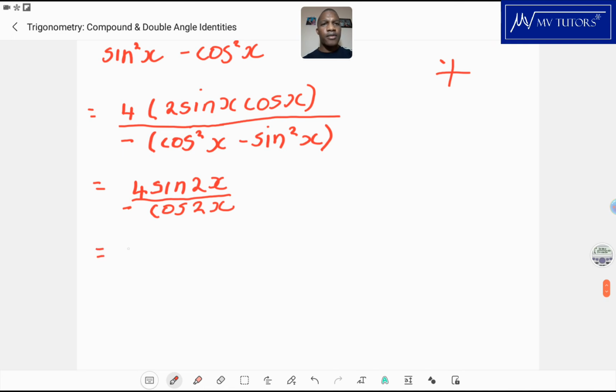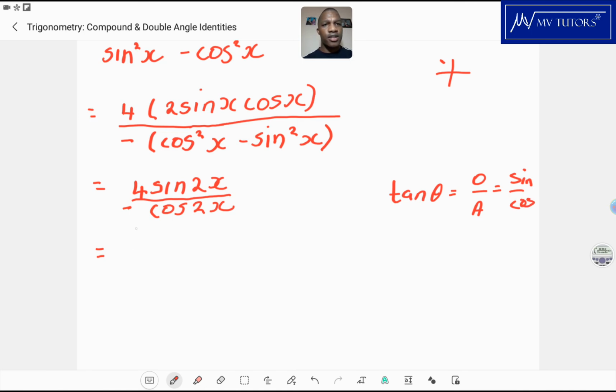Now if you want to remember whether tan is sine over cos or cos over sine, you just go back to SOHCAHTOA, because you know that tan theta equals opposite over adjacent. The one that has an opposite is a sine, and the one that has an adjacent over hypotenuse is a cos. So tan is always sine over cos.